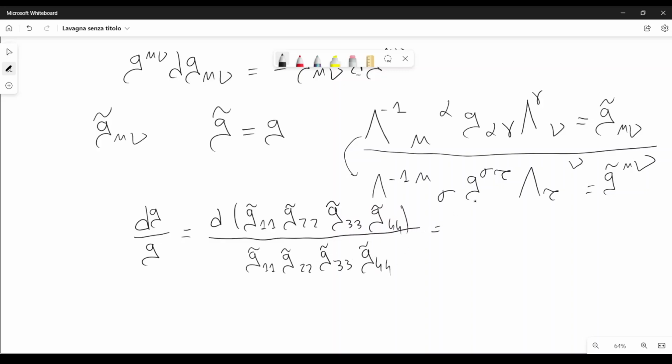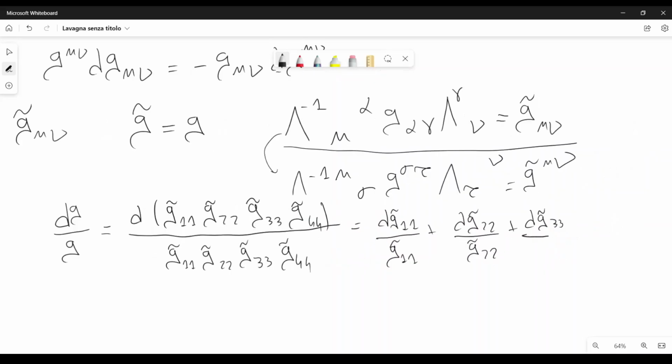And this is obviously equal to dg tilde_{11} divided by g tilde_{11} plus differential of g tilde_{22} divided by g tilde_{22} plus differential of g tilde_{33} divided by g tilde_{33} plus differential of g tilde_{44} over g tilde_{44}.